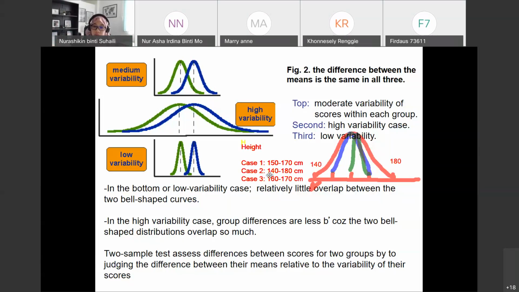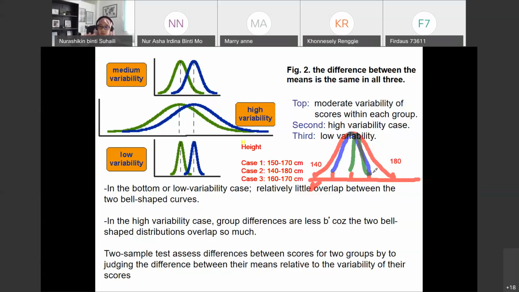In case one, the data range from 150 to 170 cm. So when you sketch the data, that's how it looks, from 150 to 170. That is the spread or the distribution. Case two is 140 to 180, and case three is 160 to 170.